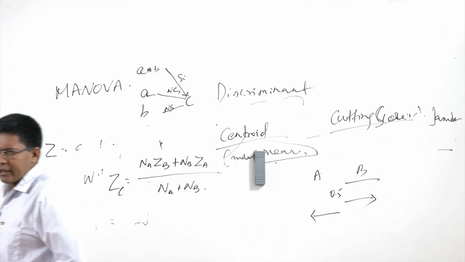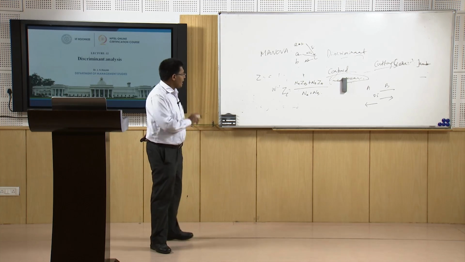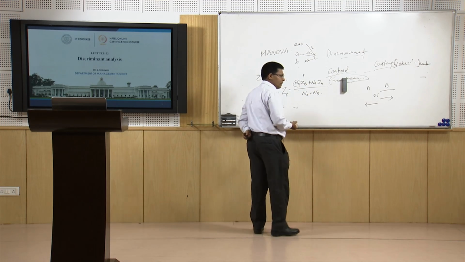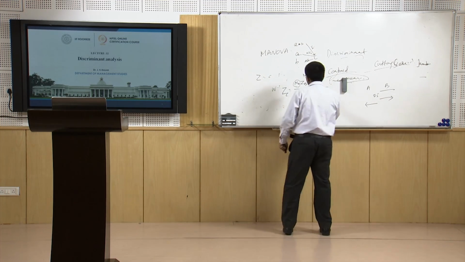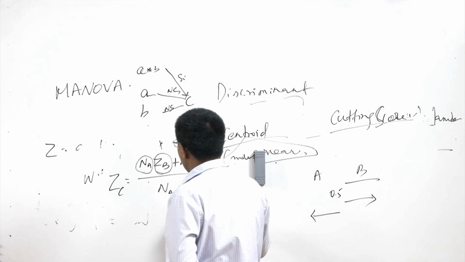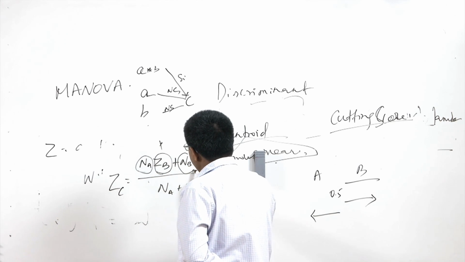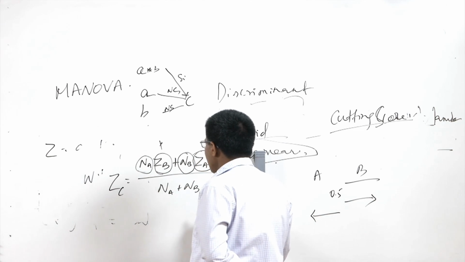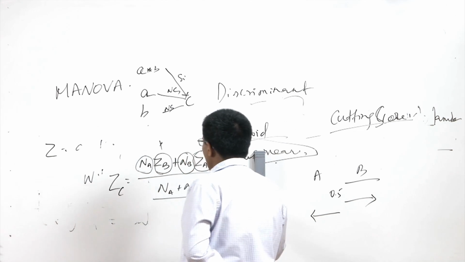Now, what do I mean by this? Z cutting score is equal to the number of samples or respondents in group A multiplied by the centroid or group mean of group B. Similarly, the number of members in group B times the centroid or group mean of group A, divided by the total sample size.